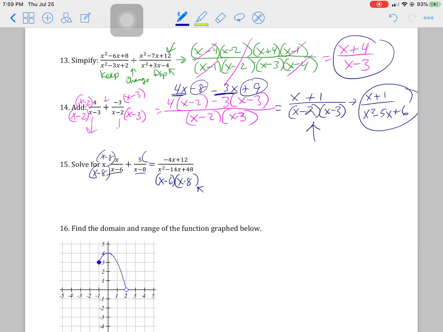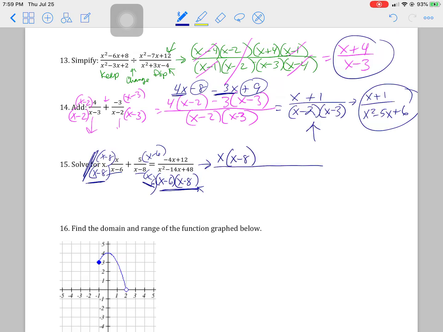To make equivalent fractions, we got to multiply by the same thing in the fraction, right? It's not the same thing here and here. It's the same thing here and here, okay? To make the denominator this. So this is going to be x minus 8.